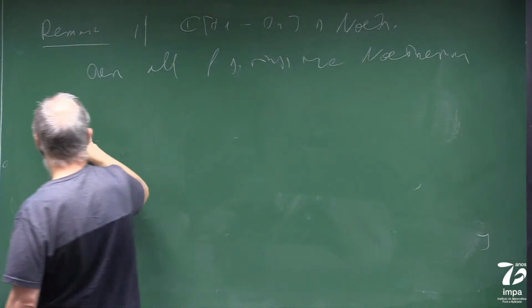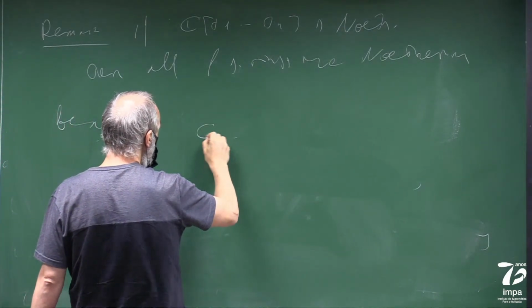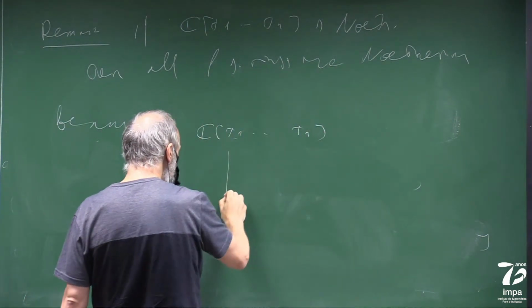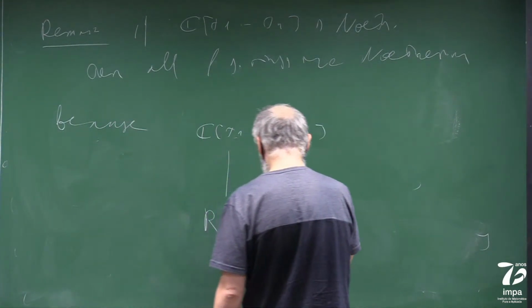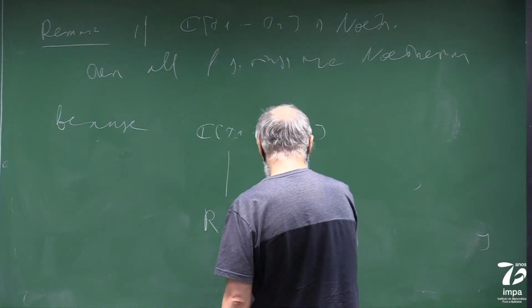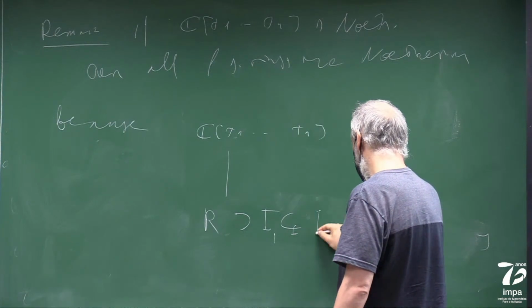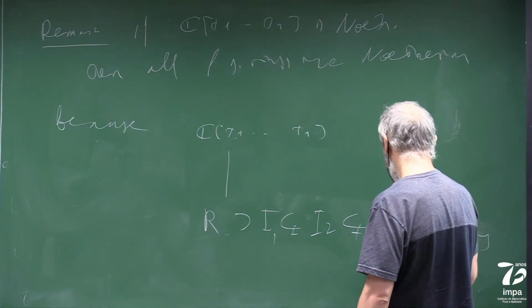Because, okay, you have a polynomial ring and you have a quotient ring R. Then take an ascending chain of ideals, I1 inside I2, inside I3, and so on.